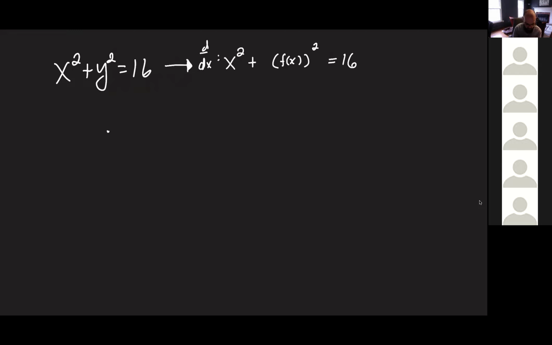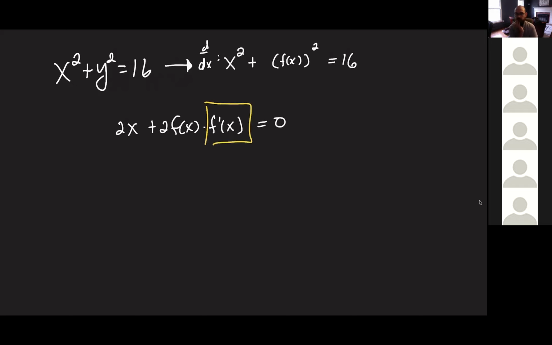So I take the derivative of x squared, which is 2x, and then the derivative of f of x squared, and we just worked through that example, so this is 2 f of x times f prime of x, with our chain rule. And then the derivative of 16, that's just a constant, so I get 0.